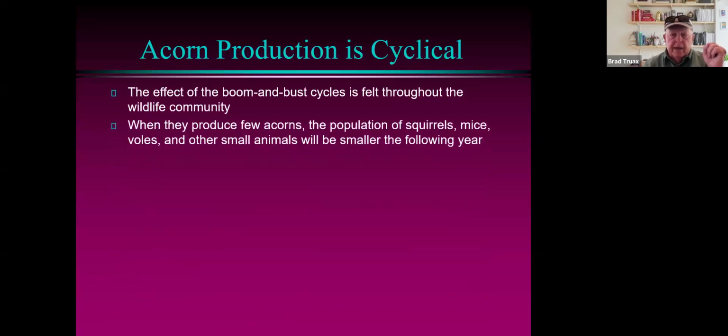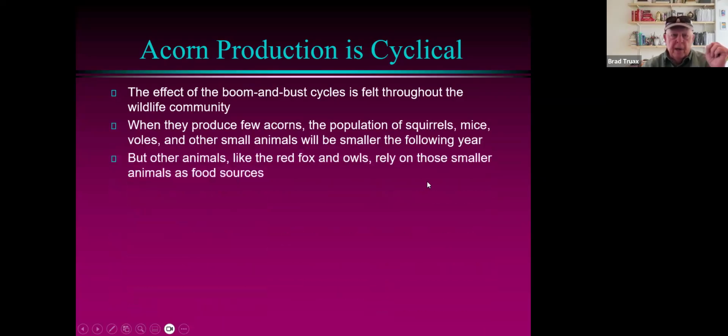And again, those boom and bust cycles are felt throughout the wildlife community. When the oaks are producing few acorns, the population of squirrels, mice, voles, and other small animals is going to be smaller the next year. But other animals, like the red fox and owls, rely on those smaller animals as food sources.